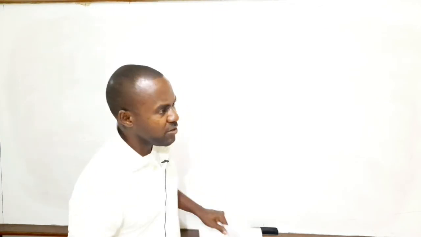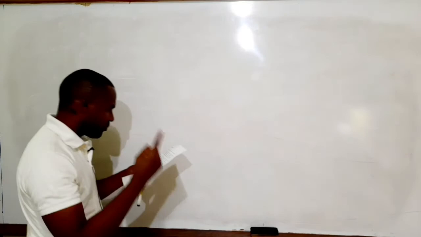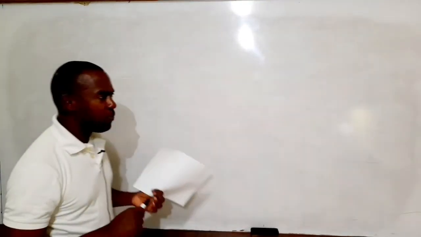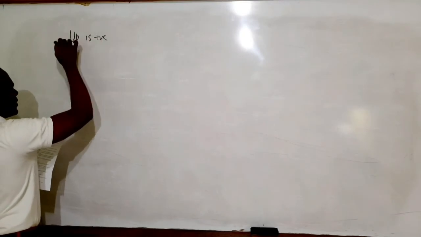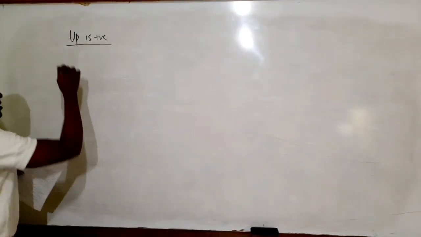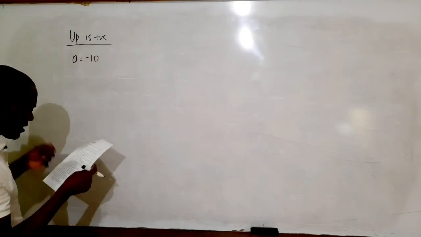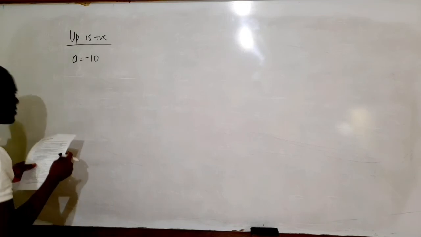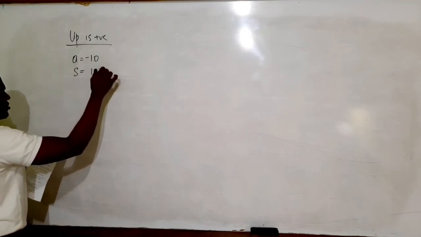So let's look at the information that we have. We're talking about an arrow being fired vertically upwards, so we're going to be treating the upward direction as positive. So we say up is positive, right? So what this means now is that a is equal to minus 10. And we're told that the maximum height, or the vertical displacement s, is equal to 100 meters.